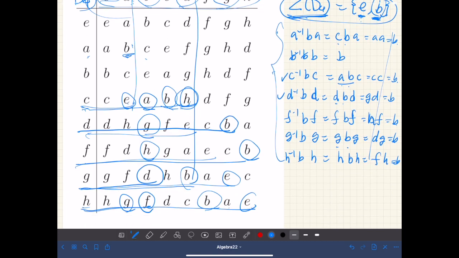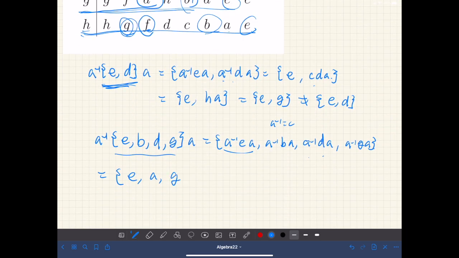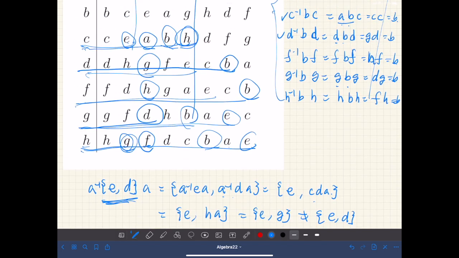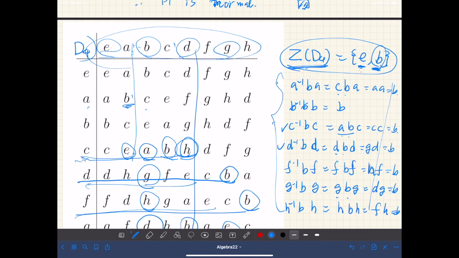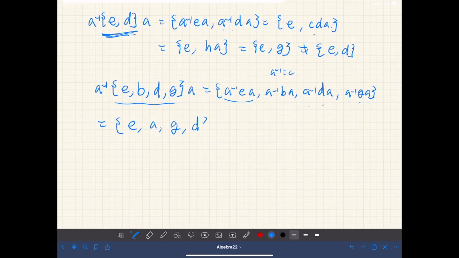CD times A is G. So we have G here. And CGA. CG is F. F times A is D. So we have D here. So that is E, A, G, D.